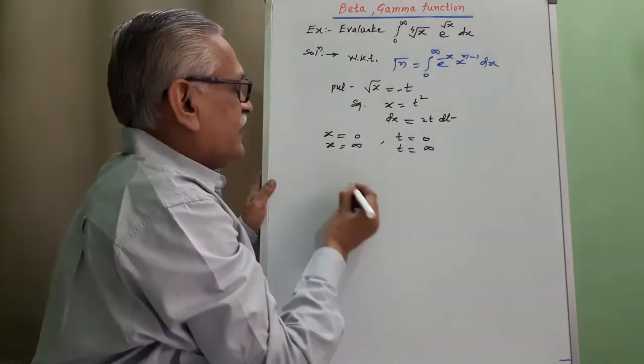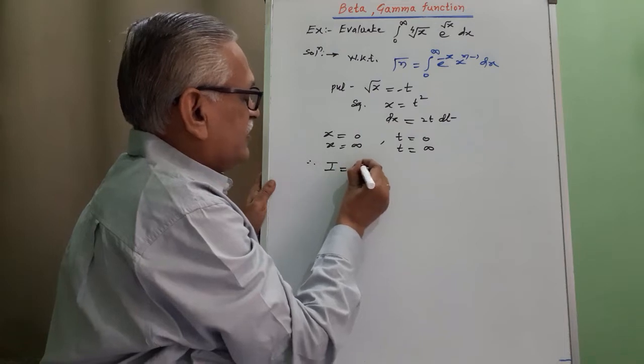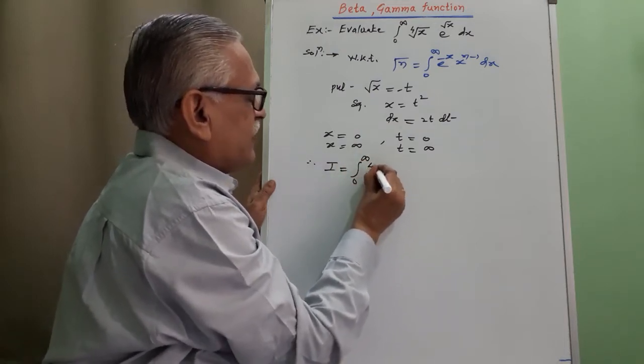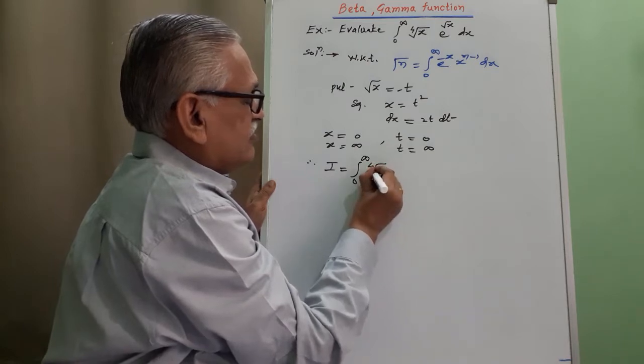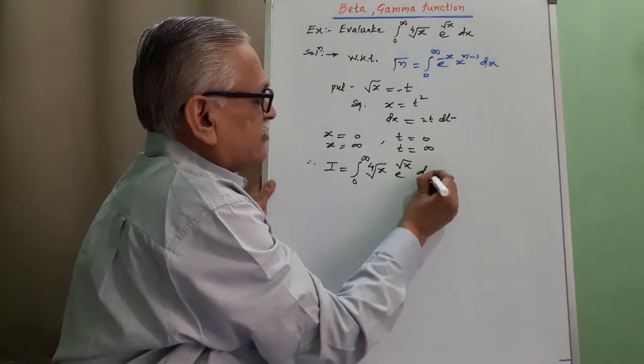Therefore, that integral becomes, if we call that as I, suppose it is integration from 0 to infinity, fourth root of x and e raised to minus root x dx.